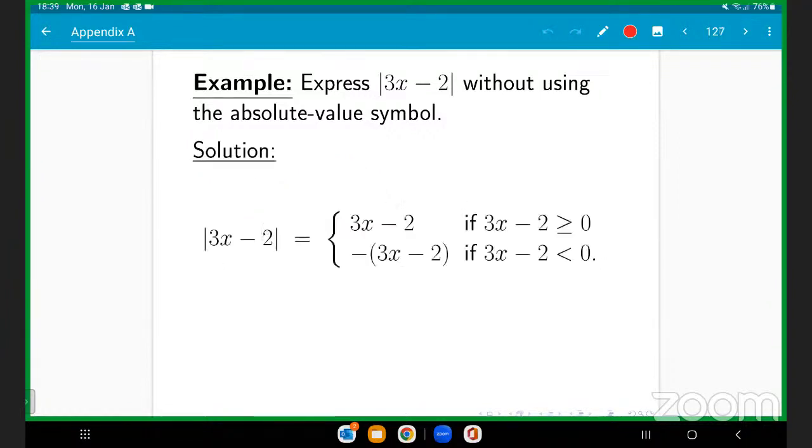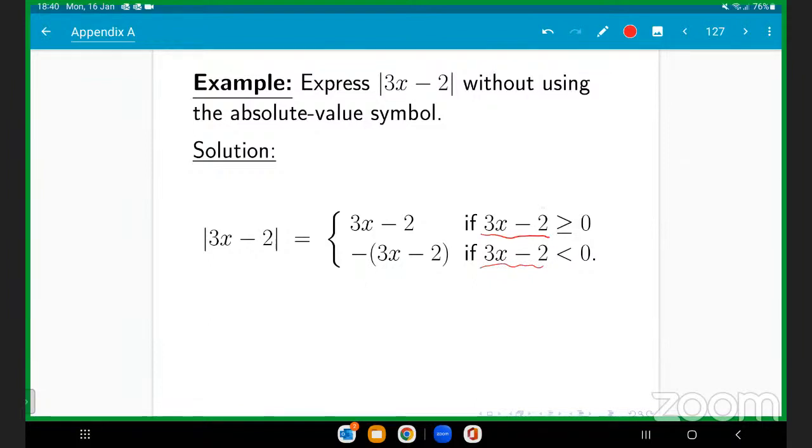So if we want to drop the absolute value, we need to bring in the piecewise symbol, the piecewise manner in which we write this out. So 3x minus 2, its absolute value is equal to 3x minus 2, provided that 3x minus 2 is greater or equal to 0. Otherwise, it's equal to minus times 3x minus 2 whenever 3x minus 2 is less than 0.